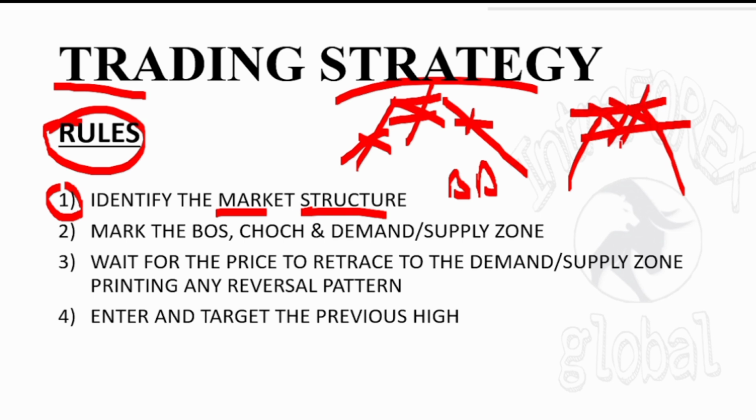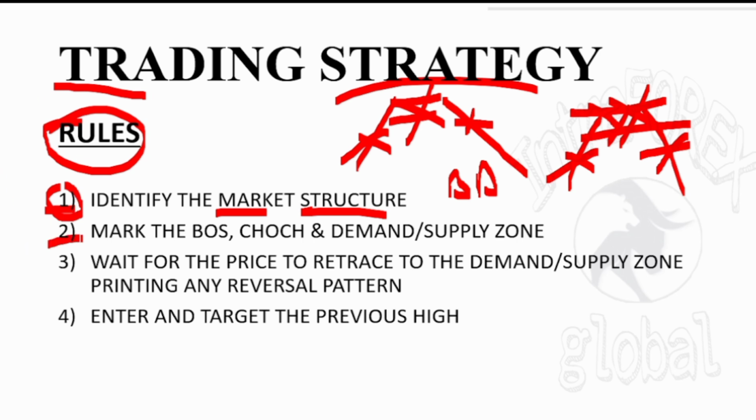Do not trade. We only look for entry opportunities when the market is in an uptrend or in a downtrend. That's the reason why we need to identify the market structure first. This is the primary rule. If you don't understand market structure, don't place your trade, because you will lose your money. So, identify the market structure.